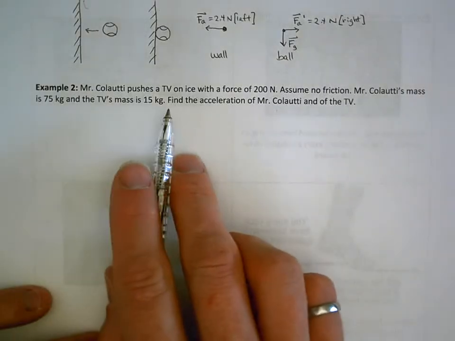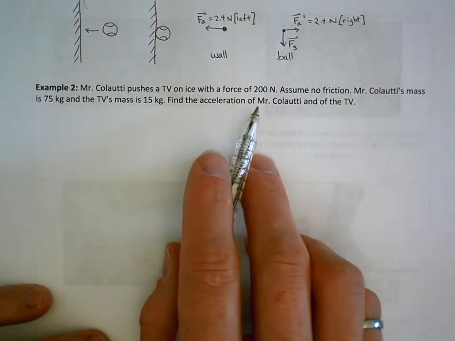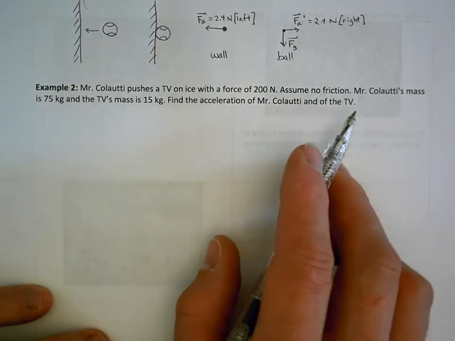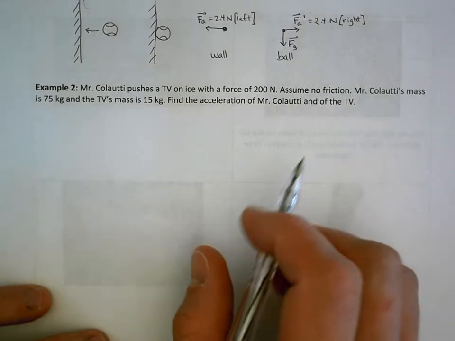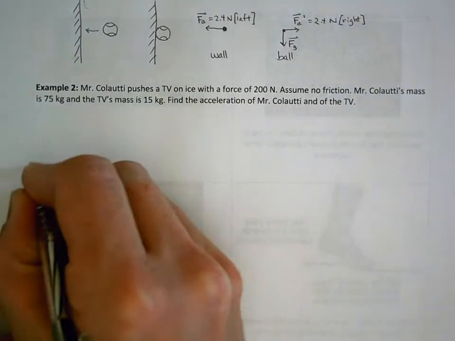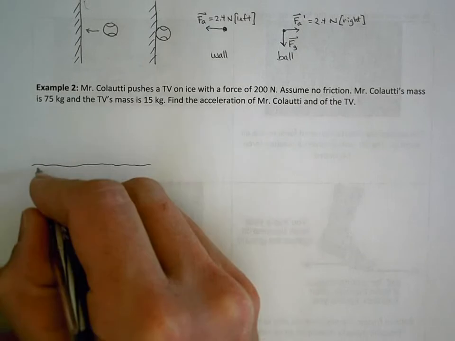Okay, so let's do a more complicated problem. Mr. Colati pushes a TV on ice with a force of 200 newtons. Assume no friction. Mr. Colati's mass is 75 kilograms and the TV's mass is 15. Find the acceleration of Mr. Colati and the TV. You have to imagine, if you've ever been on ice, it's very slippery, right?